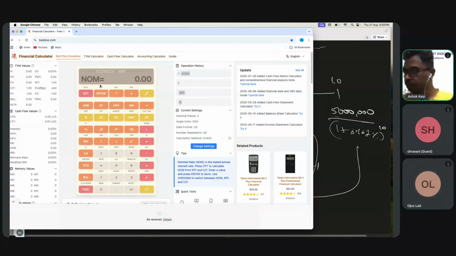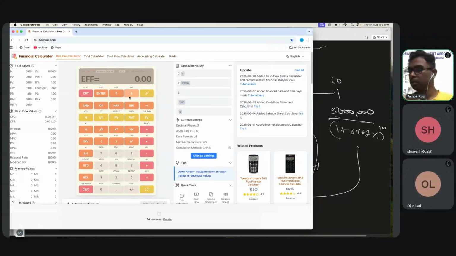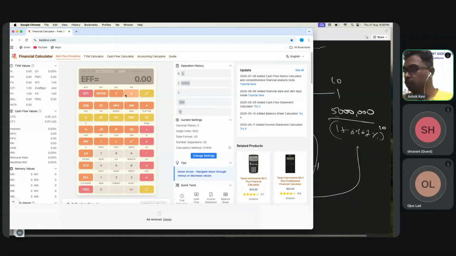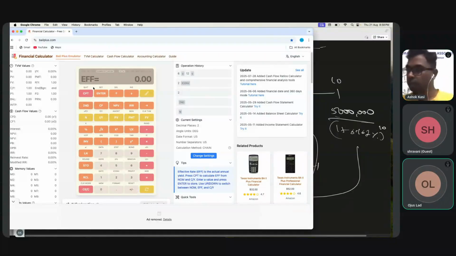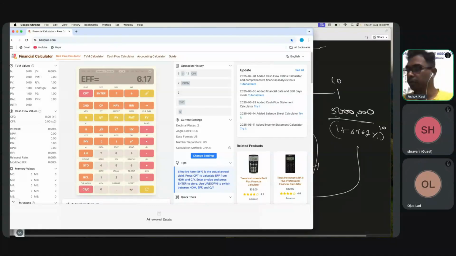So ICONV is activated now. Nominal is what? 6%. So I'll type 6, enter, then downward arrow. Effective is what we need to calculate. Compounding per year is what? 12. Enter. Downward arrow, again downward arrow, and then effective we have to calculate, right? Compute. Yes, 6.17%.